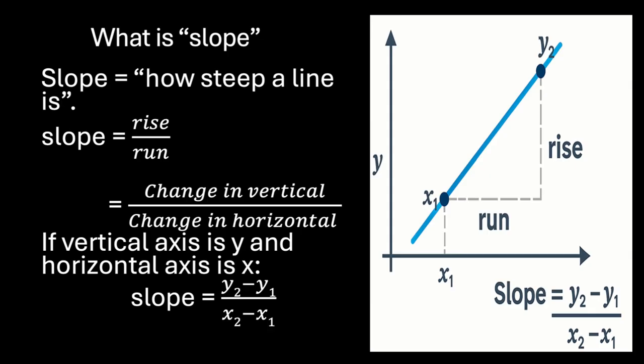If the vertical axis is y and the horizontal axis is x, this point is x1 comma y1, and this point here is x2 comma y2. Therefore, what is rise? Rise is y2 minus y1. And what is run? Run is x2 minus x1. And the ratio of rise, y2 minus y1, by run, x2 minus x1, gives us the slope.